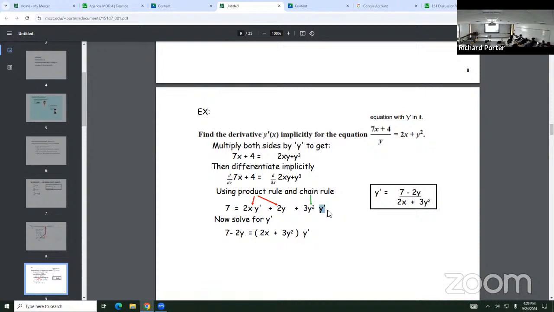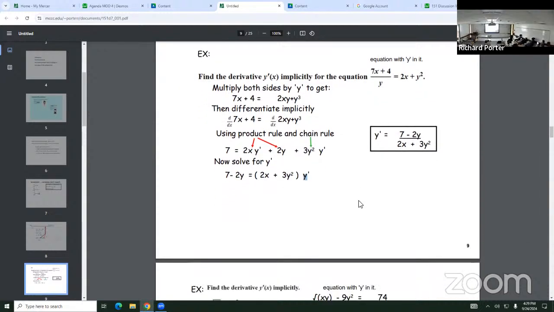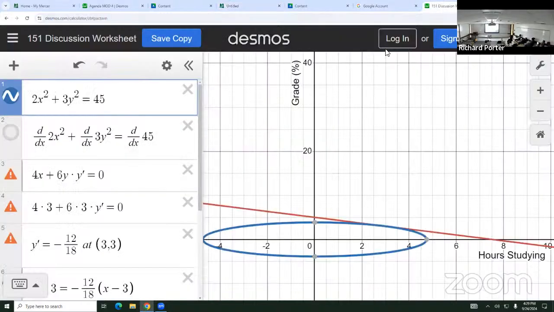Now what you have to do is bring the 2y to the other side. It's just algebra. Group these all together, you have a y prime, and then you can solve for y prime. In other words, this graph, if I were to put this, I've never done this, but I'm going to do it right now. 7x plus 4 over y.